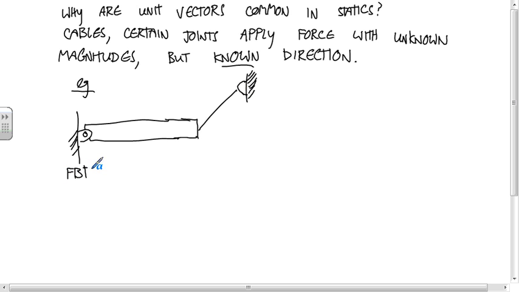If we draw a free body diagram of this beam, we'll talk about the forces applied by joints later, but for now, I'll just tell you this is going to be an unknown force vector. We don't know anything about either component. We don't know the x component of this force.